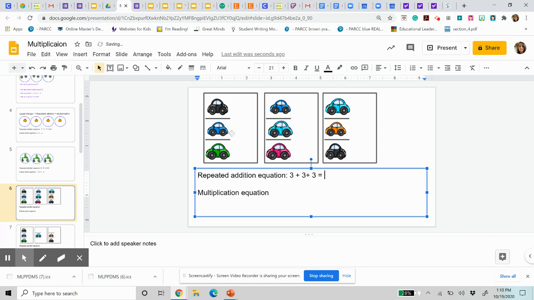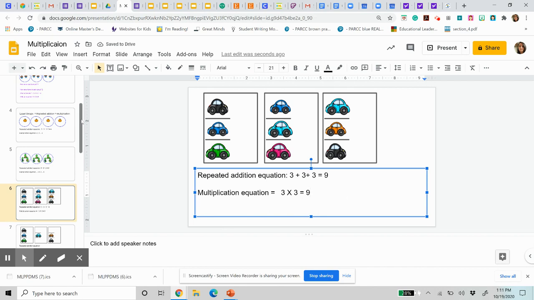We just did this, so 3, 6, 9. Or our multiplication equation would be 3 groups, or 3 garages, with 3 cars in each garage. What would be our total? And that is our multiplication equation.